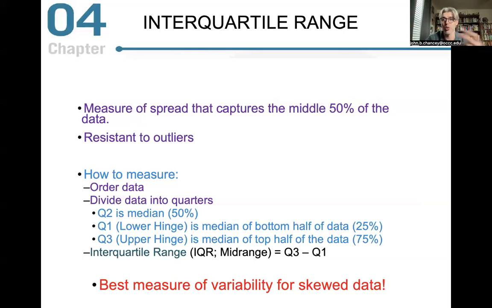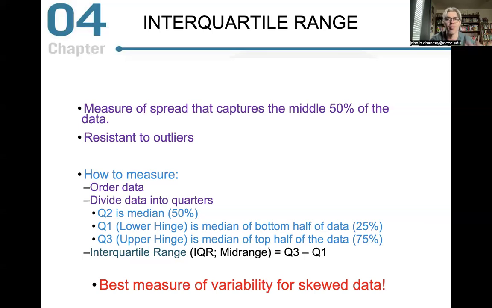We have quarter one, two, three, and our median, that middle value, is going to be quarter two, and it's hinged by quarter one, our lower hinge, which covers the bottom 25% of the data, and quarter three is the median of the top half of our data, which will cover the top 75%. And all you have to do at that point, pretty similar to range, is subtract quarter one from quarter three, and that gives us our interquartile range.